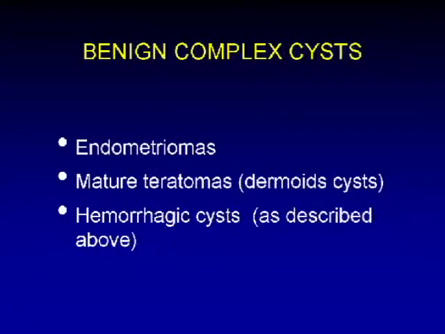Other benign complex cysts are endometriomas, mature teratomas or dermoid cysts, and, as we already talked about, hemorrhagic cysts.